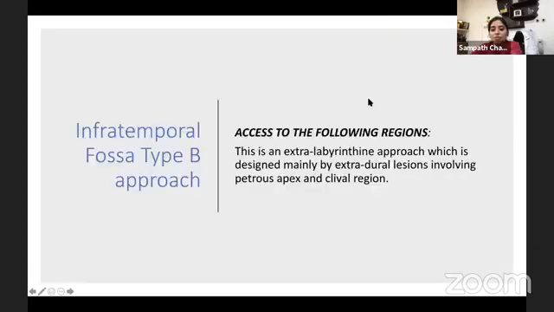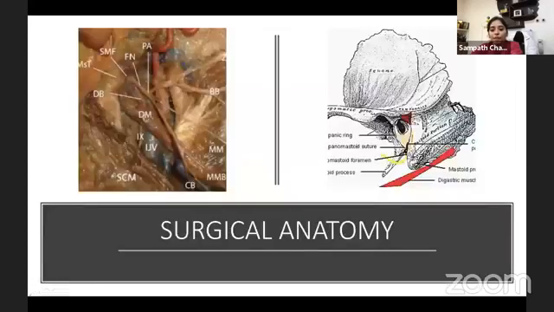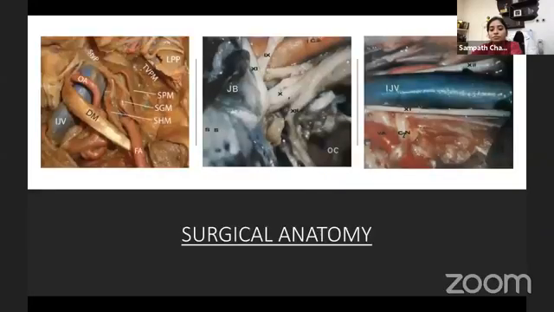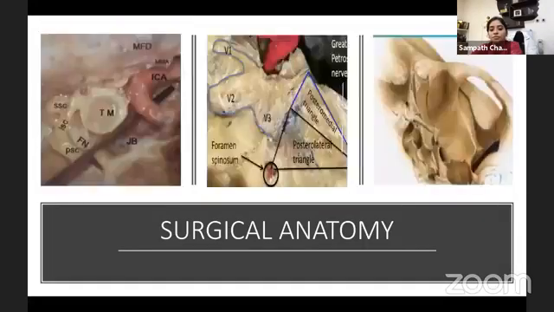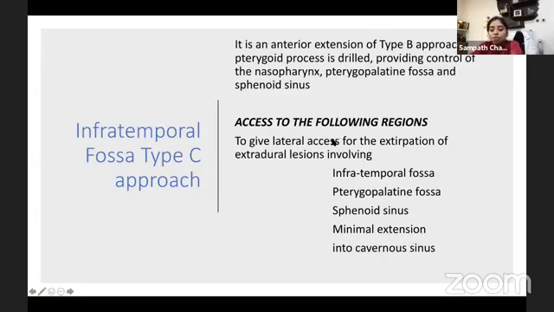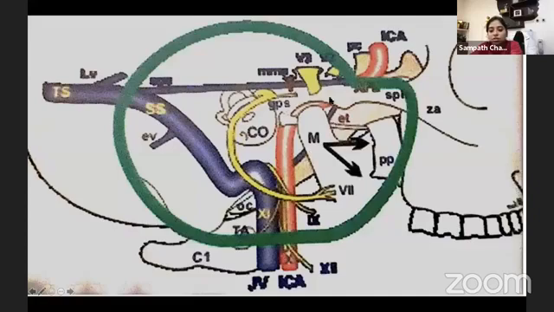But in the C approach, we have to extend this line to include the pterygoid plate, that is the pterygoid process, then the sphenoid sinus area, the clival area, and part of the cavernous sinus.